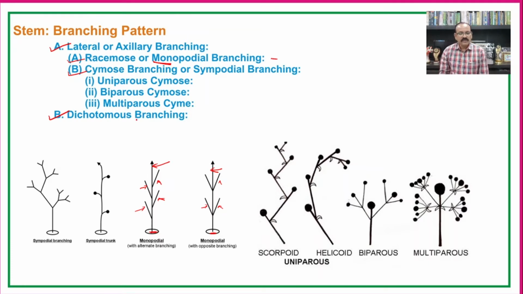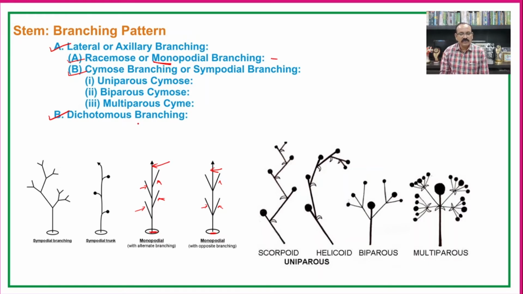Other names for this type are racemose and indefinite. The last name, indefinite, is because in this type the possibility of vertical growth of the plant is unlimited. This type of branching is commonest among the young phanerogamic plants.